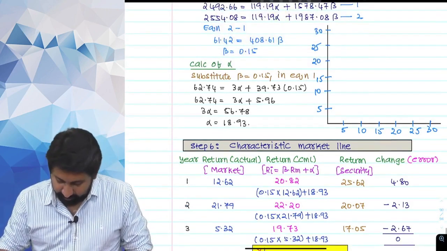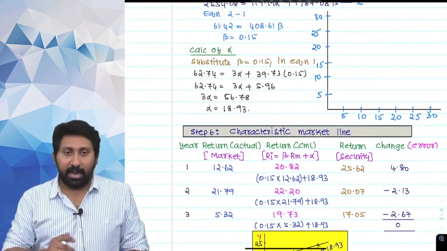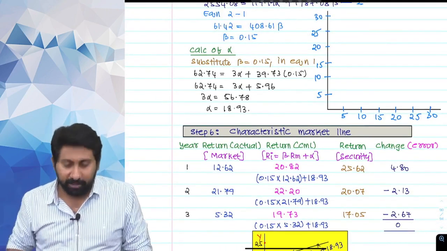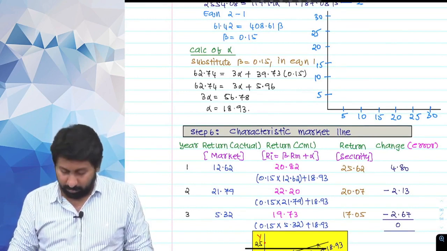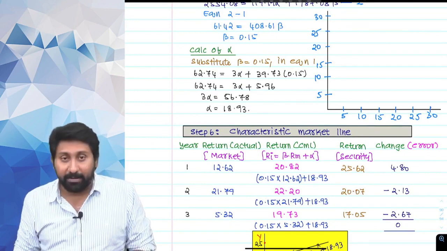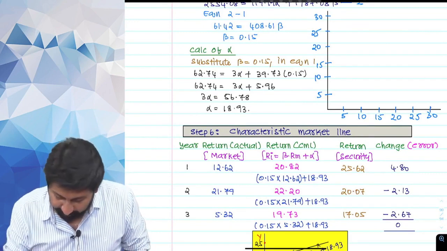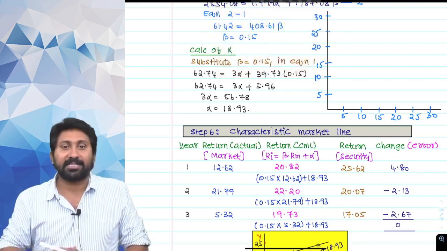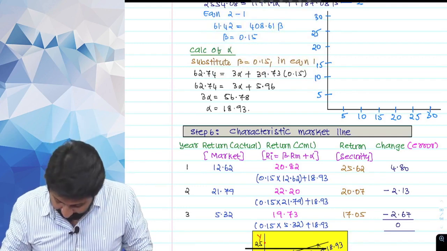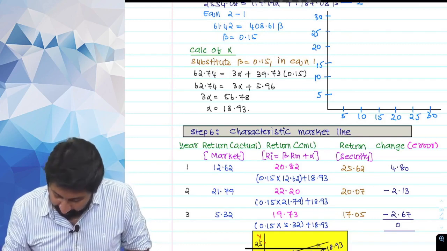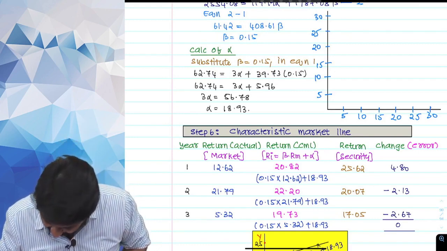First, take all the returns and calculate. If you want, you can also do it simultaneously with me. First situation: market is how much? 12.62. How much is the CML return? 20.82. Red color plotted points are CML. Black color plotted points are real returns. So 12.62 and 20.82.